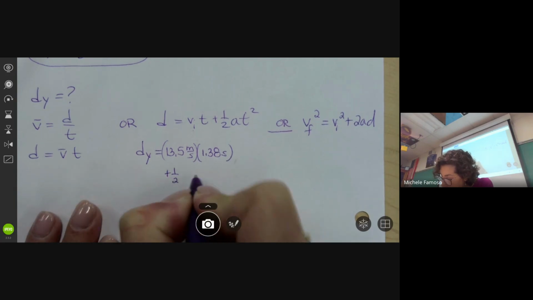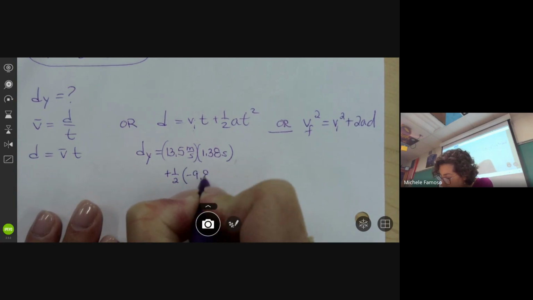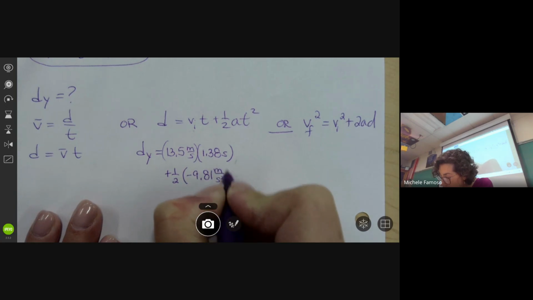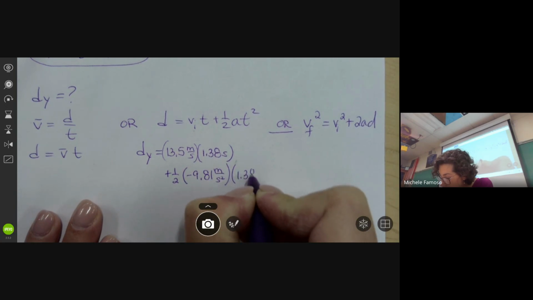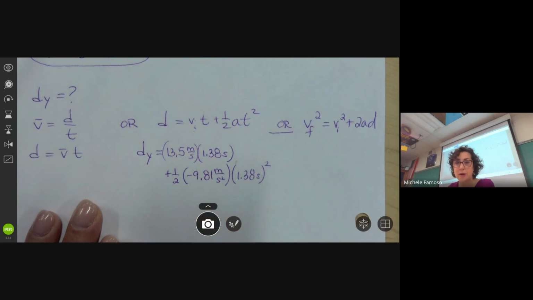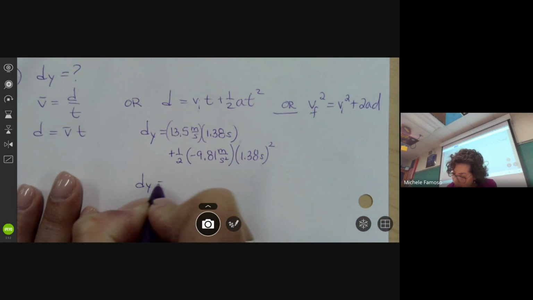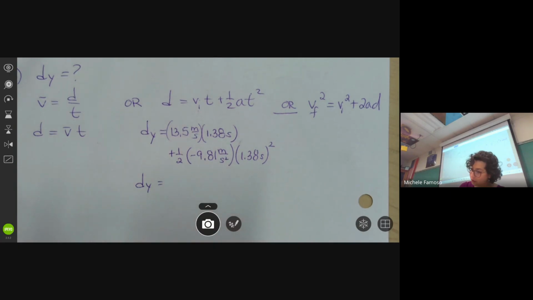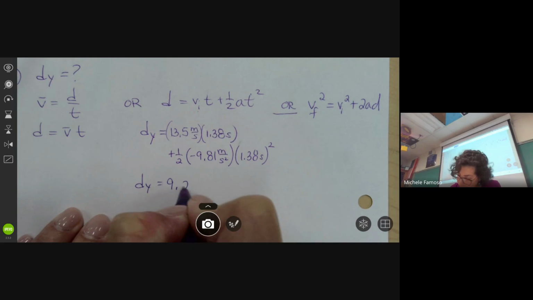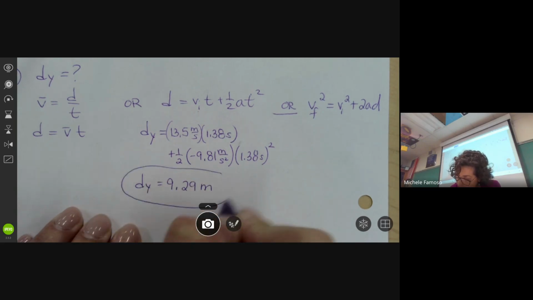I'm going to add to that half of negative 9.81 meters per second squared times that 1.38 seconds, which would get squared. So now I'm going to go to the calculator and plug that in: 13.5 times 1.38 plus 0.5 times negative 9.81 times 1.38 squared, and that gives me an answer of 9.29 meters.